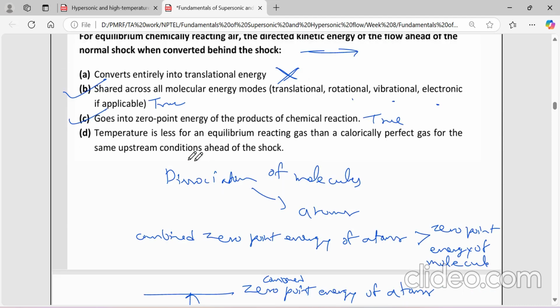So it means that temperature is less for equilibrium chemically reacting gas than calorically perfect gas for the same upstream condition. This is also true.